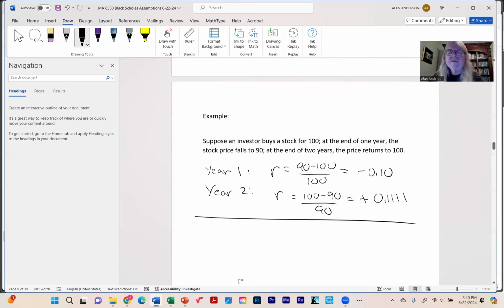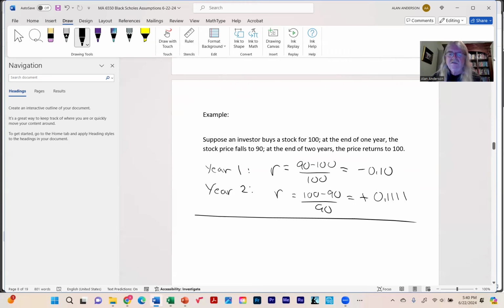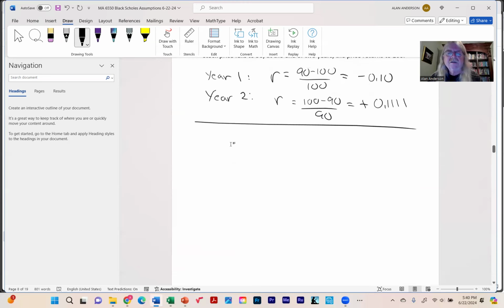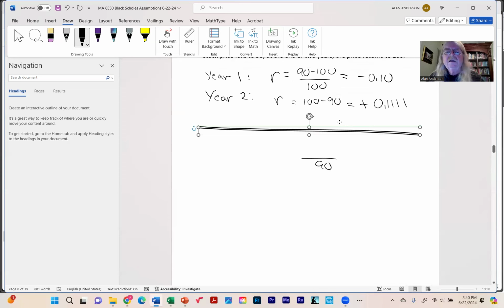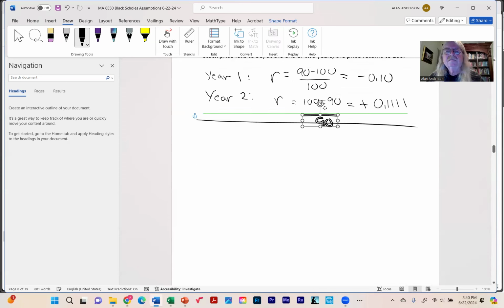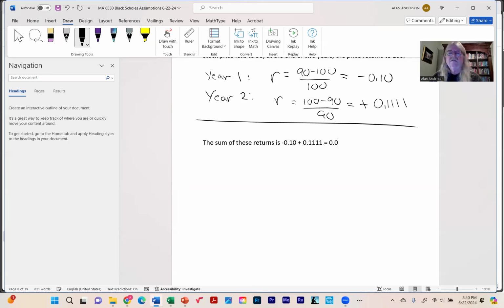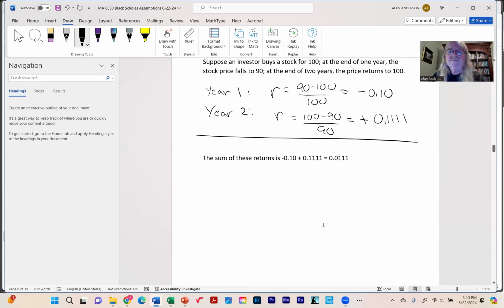And so if you add those together, it appears that you've made money, but you haven't. You just broke even. But if you use continuously compounded returns, watch what happens.